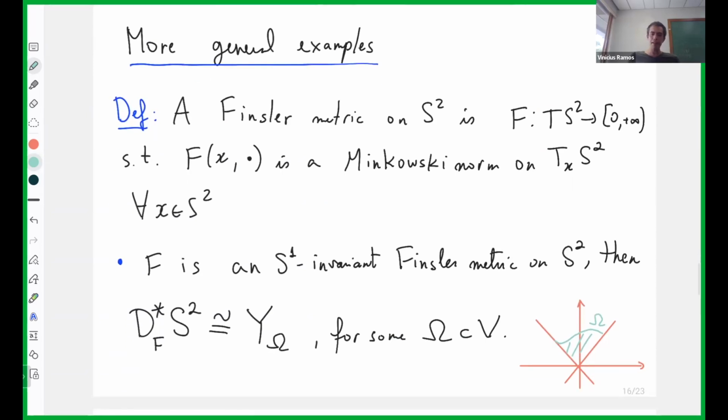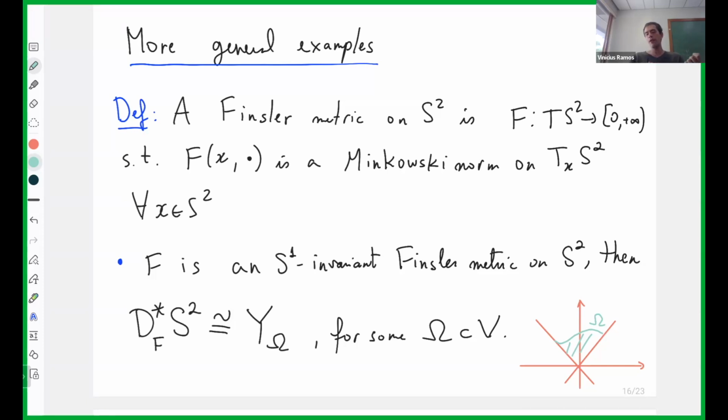A Finsler metric, I think everybody knows this, but just so everybody is on the same page, a Finsler metric on S2 is a map from the tangent bundle to the set of non-negative numbers, such that at every point on the base, we have a Minkowski norm on the tangent space.